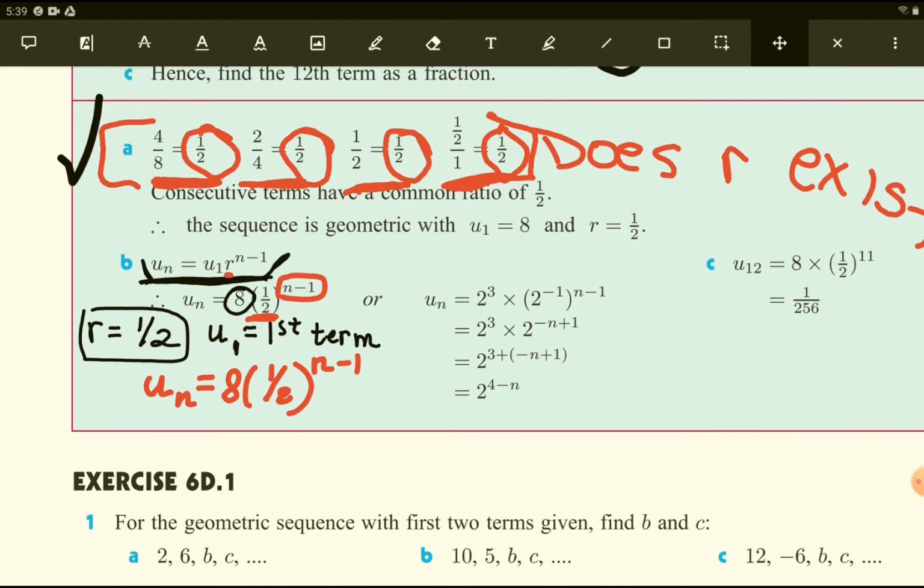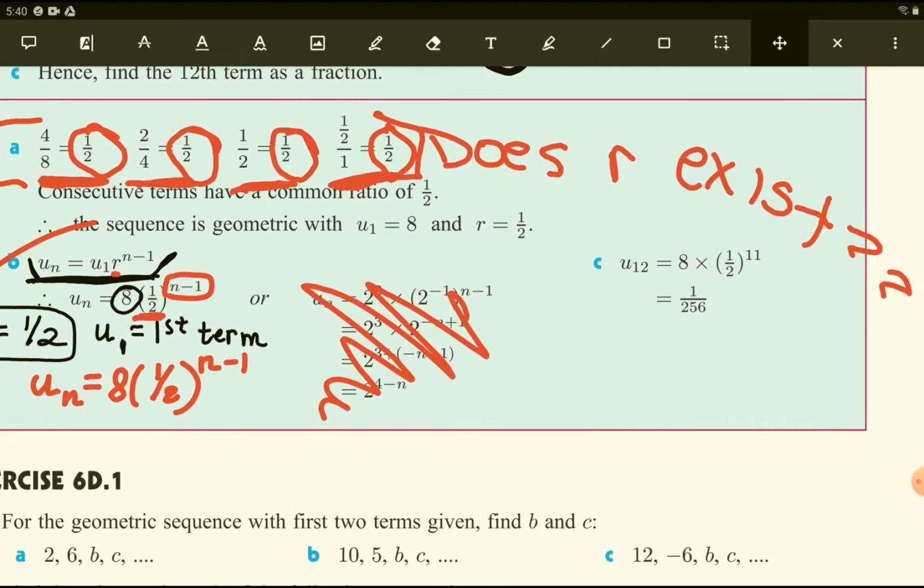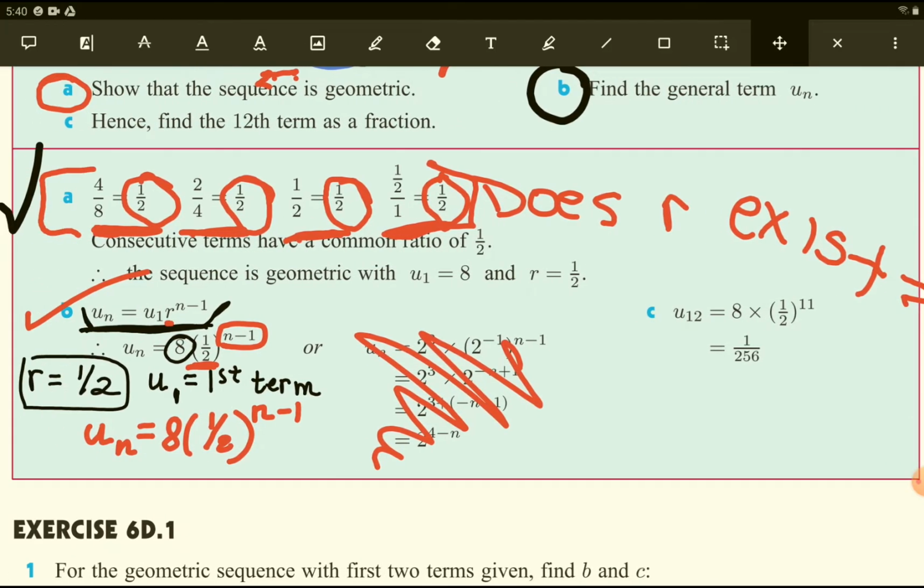And then part C, they want to know what the 12th term is.